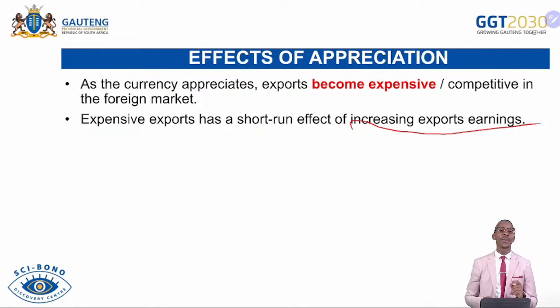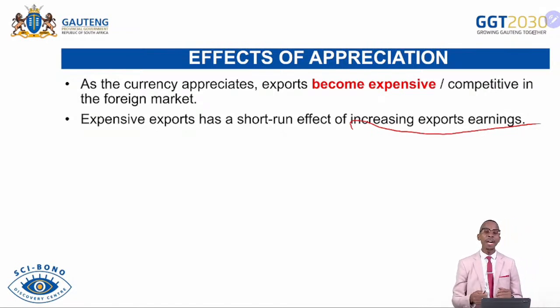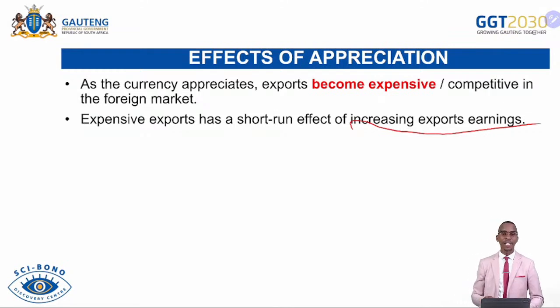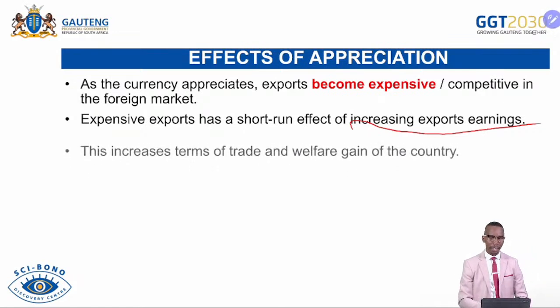However, in the long run, that might have a negative impact because they are expensive. Then, if those exports are very elastic, those foreign consumers will end up neglecting our exports and demanding their locally produced goods and services. Then the demand for exports will decline in the global market. That will be bad for our local producers that are producing to export goods into the global market.